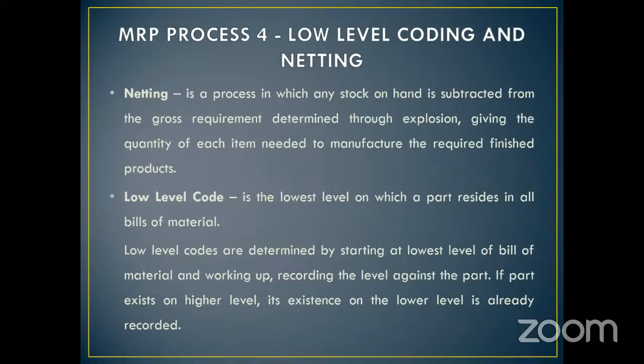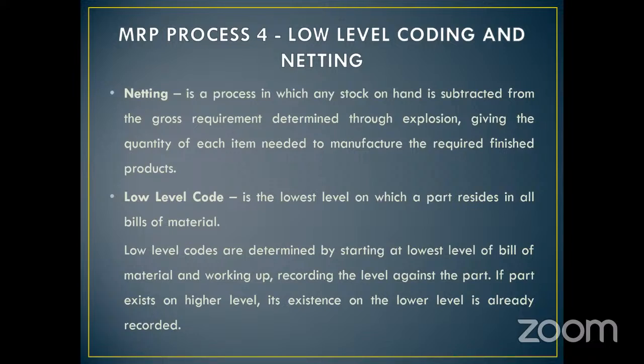Then it comes to the next step, the MRP process 4. In this process 4, there is netting first, and thereafter the low level codes. We have to consider this particular slide.